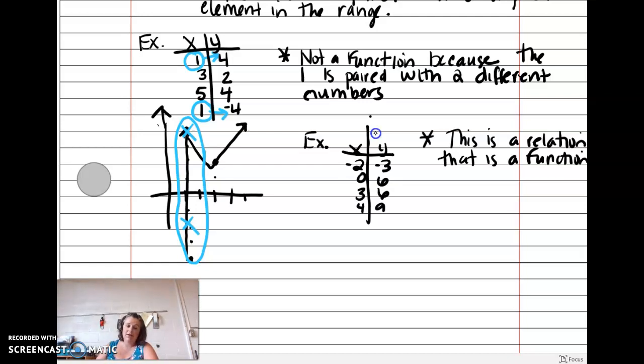An easy way to tell is that there are no repeats in the domain.